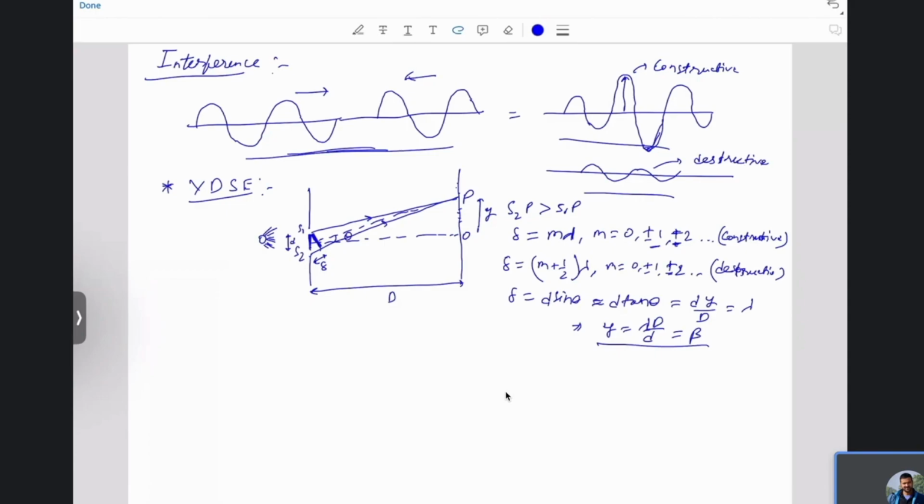So yeah, that is all. Maybe if anything else is needed, we will get back here and do the calculation for that. So now, Fresnel biprism.